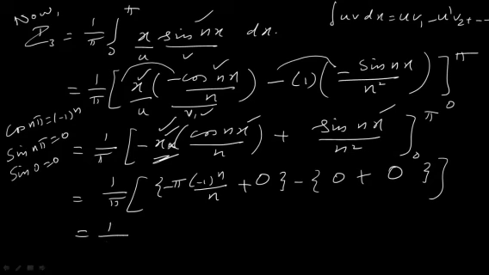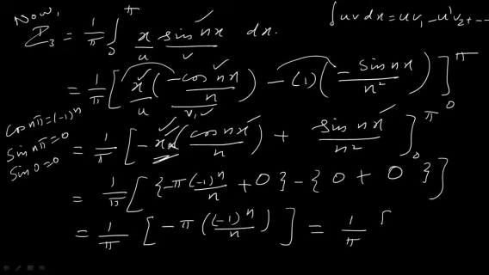So your I3 is 1 by pi of minus pi minus 1 whole power n divided by n. Okay. So your I3 is 1 by pi minus pi of minus 1 whole power n by n. We can't simplify this further. So this is your I3.